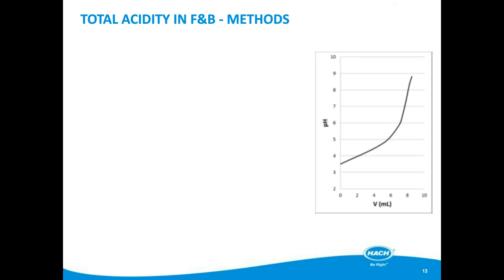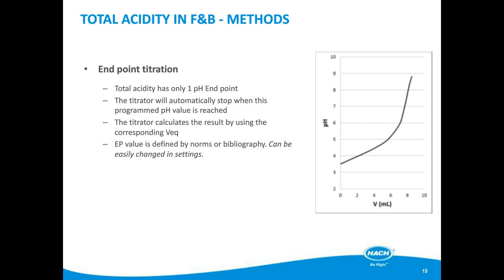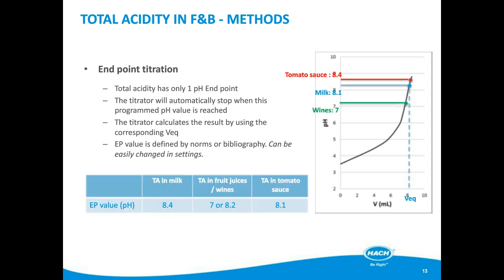We stop this titration at one endpoint. The value of this endpoint is given by the bibliography and can differ depending on the method. For instance, for the method for total acidity in milk, we will stop at pH 8.4.